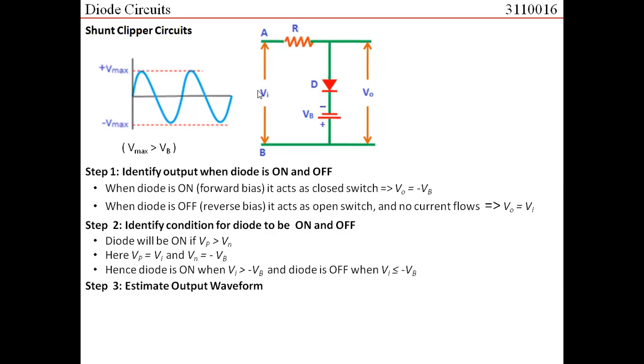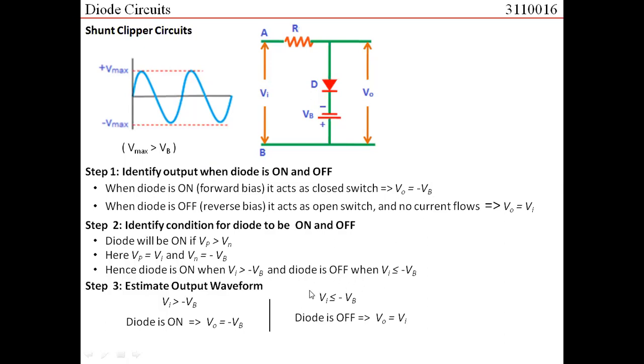So when the input voltage is greater than minus VB, the diode would be on, and when the input voltage is less than minus VB, the diode would be off. So combining step 1 and step 2, we can estimate the output waveform in step 3. That is, when the input voltage is greater than minus VB, the diode is on, and when the diode is on, the output voltage is minus VB.